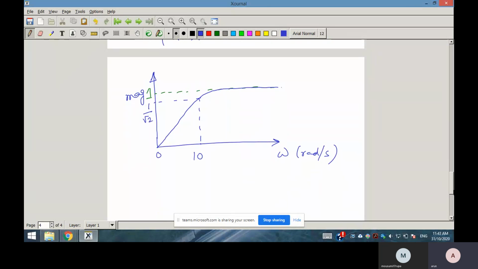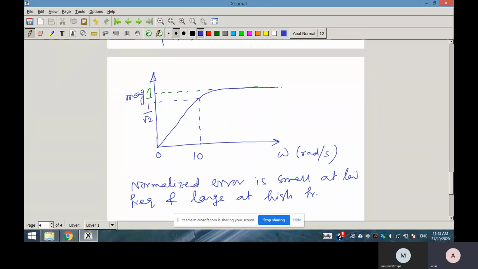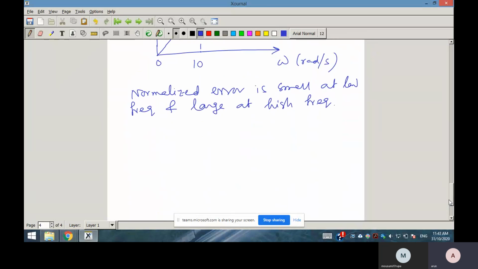So as omega is small, the normalized error is very small, so the normalized error is small at low frequency, and large at high frequency. Large means here 1 is large because we have normalized it. So from this observation, what is the conclusion?